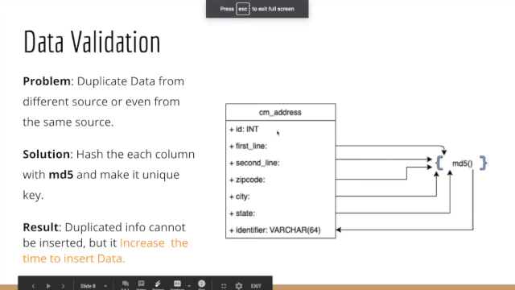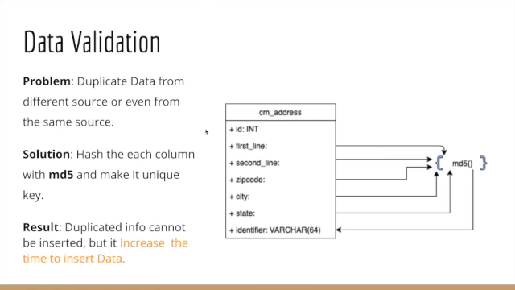I do have some struggles during the development. The first problem I have is the data validation problem. Since I use more than one source of data, how do I know if the restaurants have already appeared in another dataset? I don't want to have a duplicate count. The solution I found is to add a signature. Take the address as an example. When a program is inserting the address, it hashes the entire row as a signature using MD5.